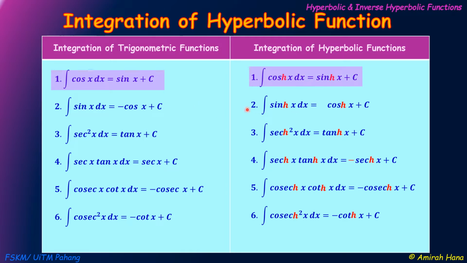Now we look at the second formula. In integration of trigonometric functions, if we integrate sin x, we will get negative cos x. But in hyperbolic functions, if we integrate sinh x, we will get positive cosh x, right?